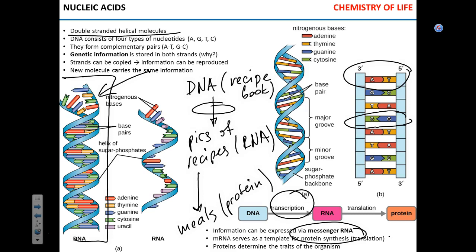Now, keeping this analogy in mind, let's think about properties of DNA. First of all, DNA is double-stranded. Each strand carries the entire genetic information about the organism. Why do you need 2 strands?